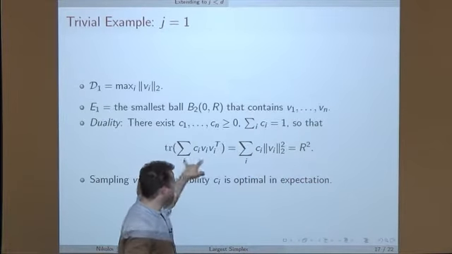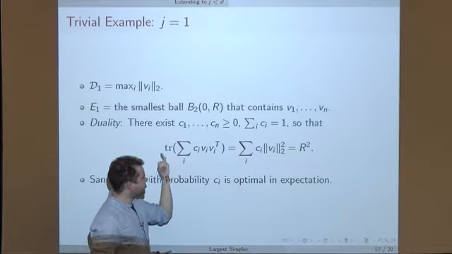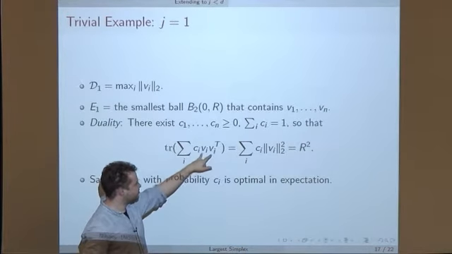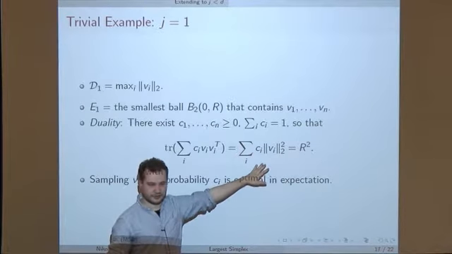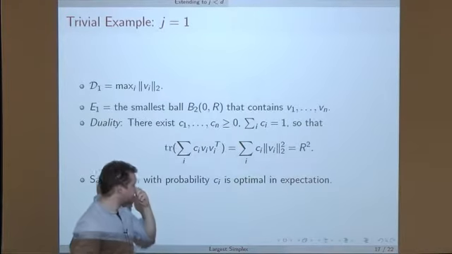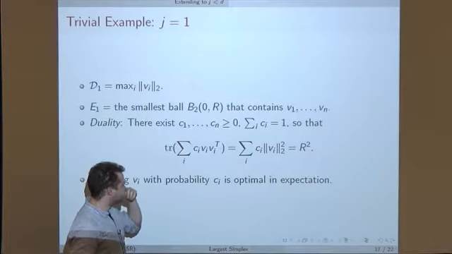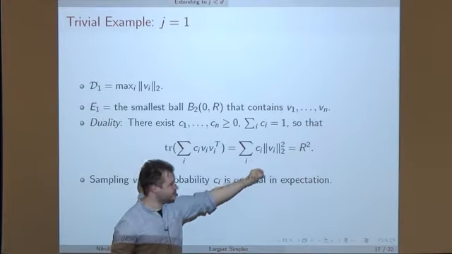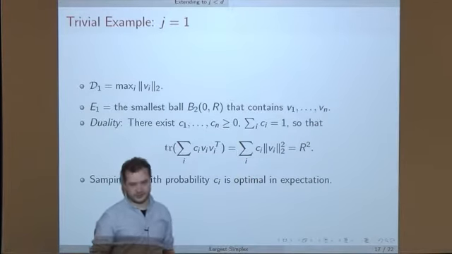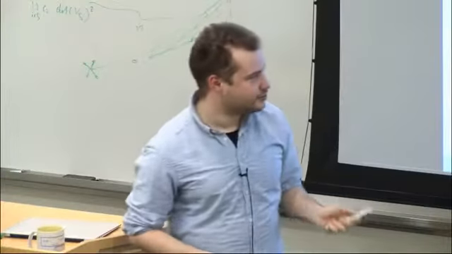Now the trace is linear, so you can just take it inside, and the trace of Vi Vi transpose is just the norm of Vi squared. So what this tells me is that there exist weights so that the summation of Ci times the length of Vi squared is equal to the optimal solution, which is my upper bound.